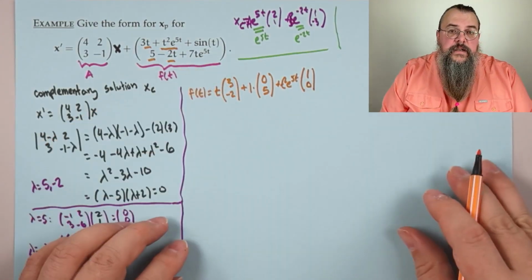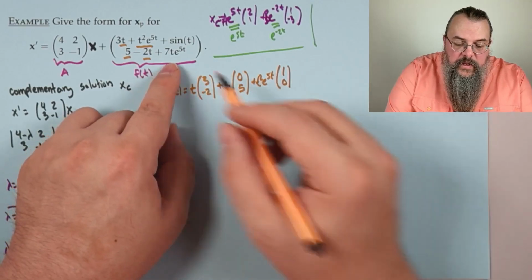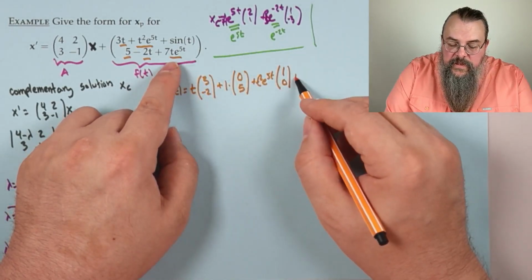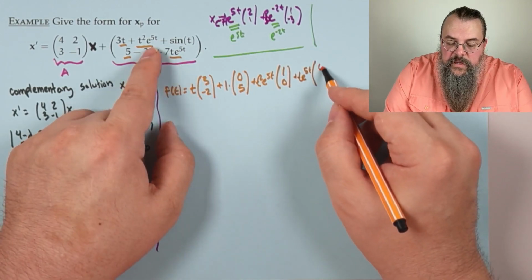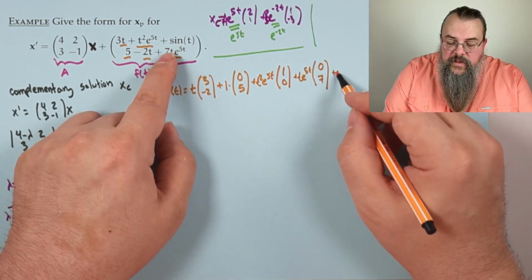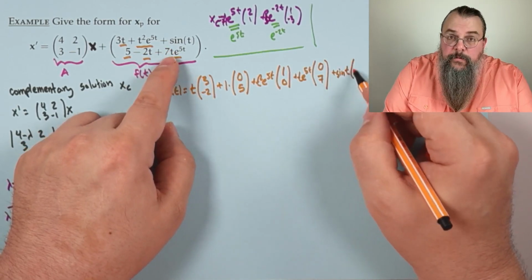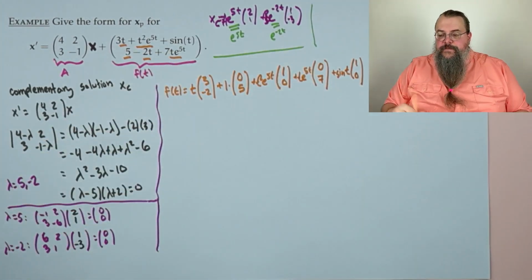And then we might have to move over a little bit to get enough space. Let's do our t e to the 5t. We have no terms like that upstairs, but we have 7 downstairs. And then we have sine t. And we have one of those upstairs, none of them downstairs. Okay, so there's our f of t.